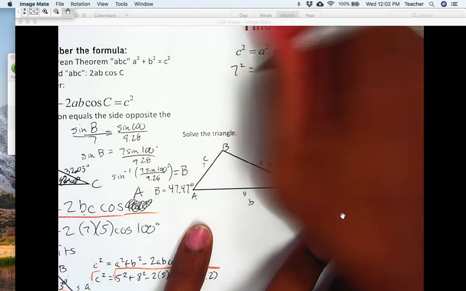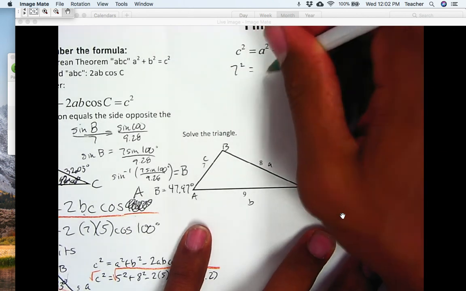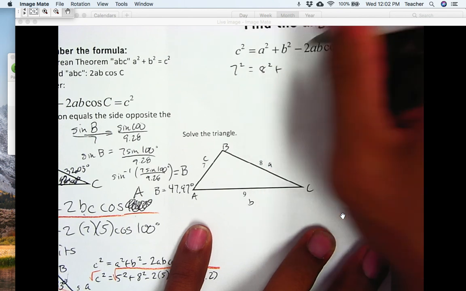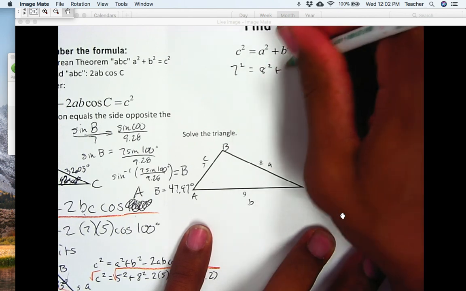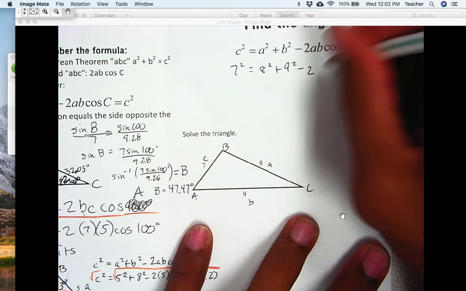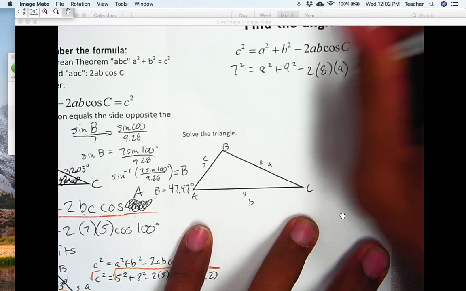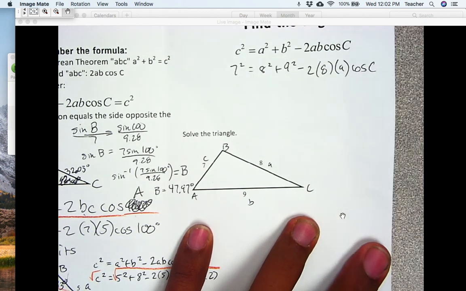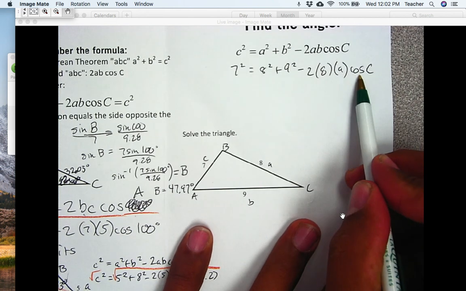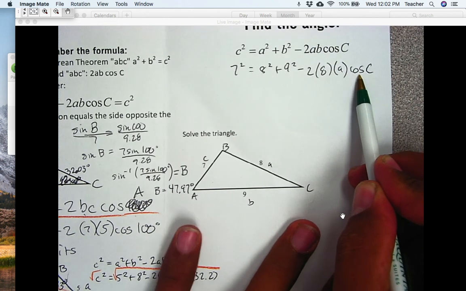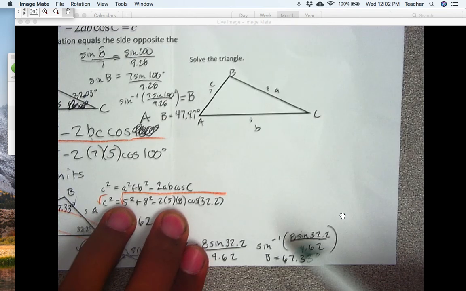7 squared. I'm going to fill in everything I know. Okay, 8 squared plus b, which is 9. And the same thing, those same two sides there, multiply times 2, times the cosine of c. Now our variable is here. We've got to isolate this cosine of c, and we're going to end up using the inverse cosine like we did down here.